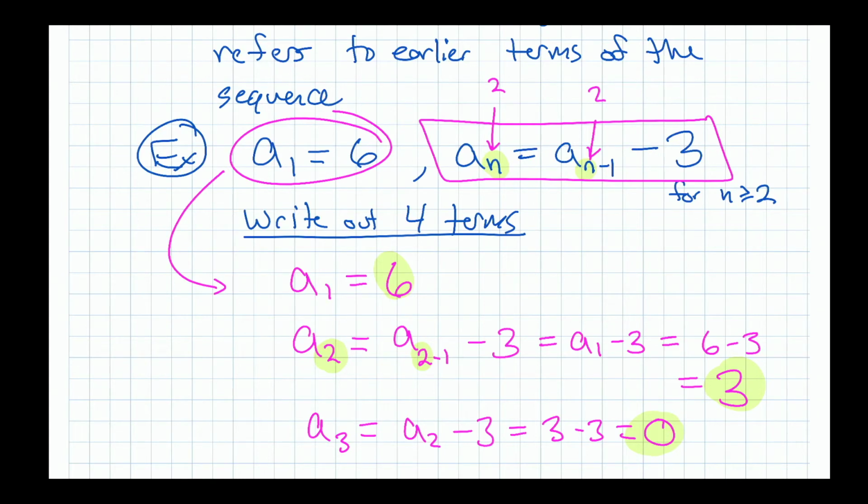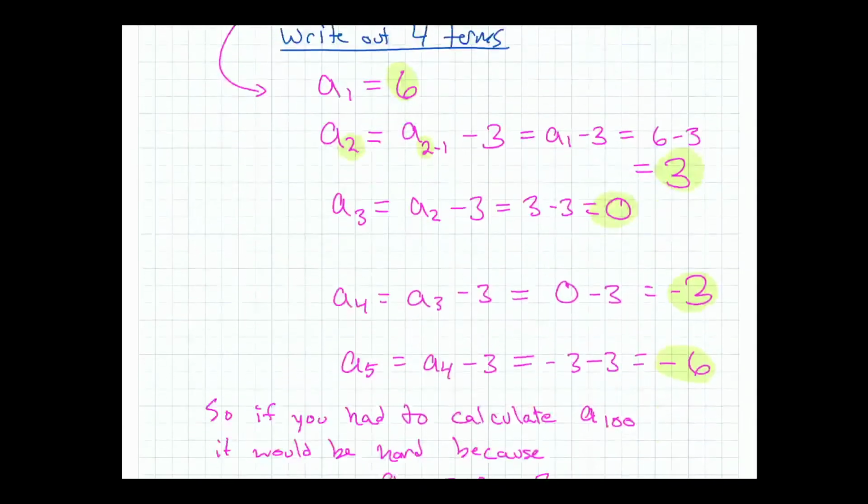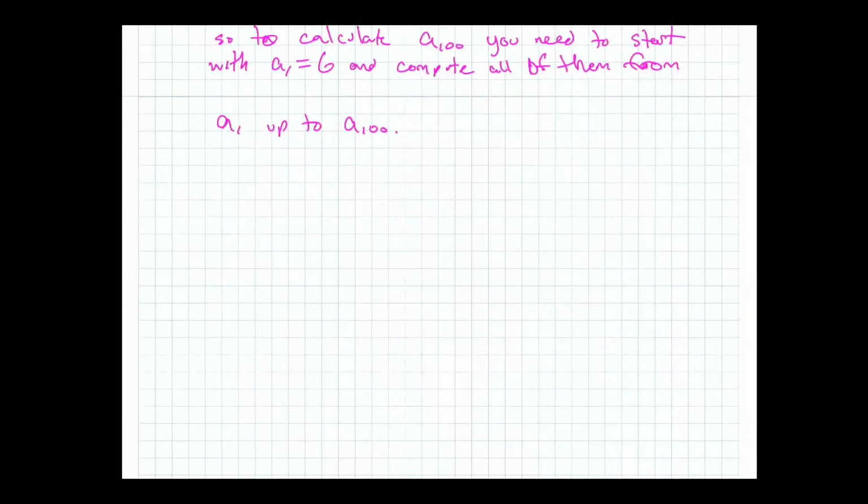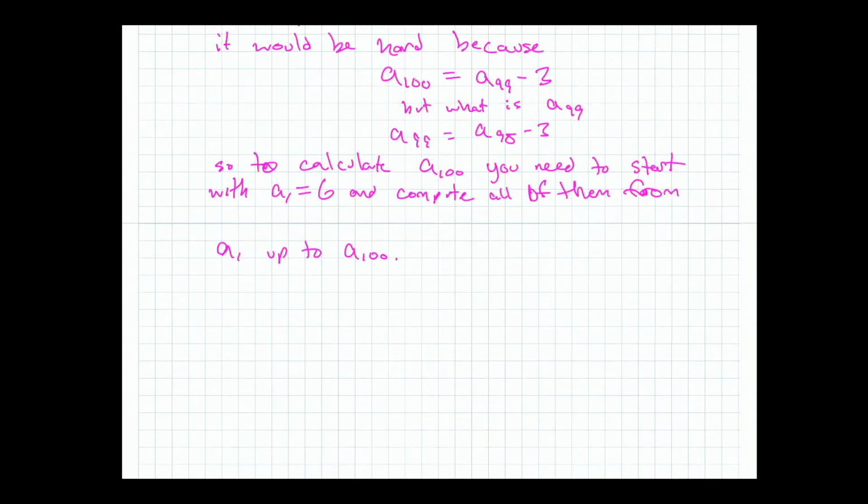Okay? Now, they might have you calculate a few of these, but what they're really going to have you do, which is hard, is, like, this is not a good property, right? Like this property that if you wanted to calculate A100, you have to start from A1 and compute all of them up to 100, right?